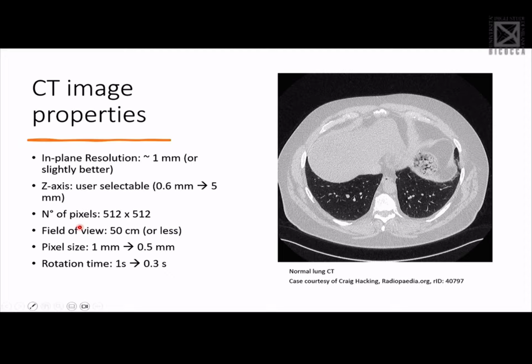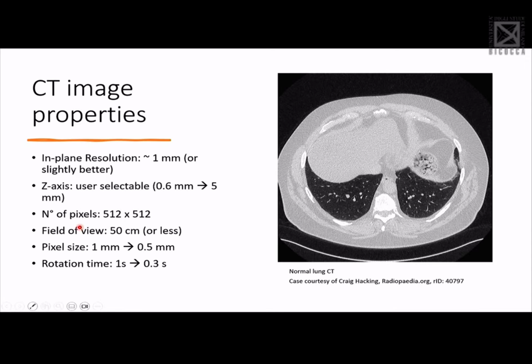Generally, it's 512 times 512 image sites. Latest scanners, which do not have that many memory concerns anymore, can sometimes go to 1024. They are able to reconstruct a diameter of 50 centimeters. The pixel size that we use goes from 1 millimeter to 0.5 millimeter. And we mentioned the rotation time, which is between 1 second and 0.3 seconds.